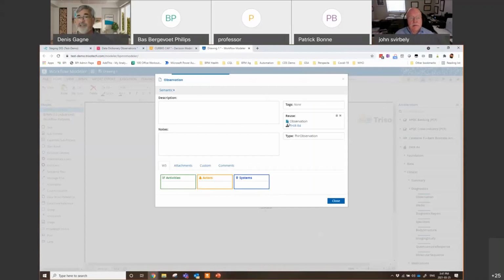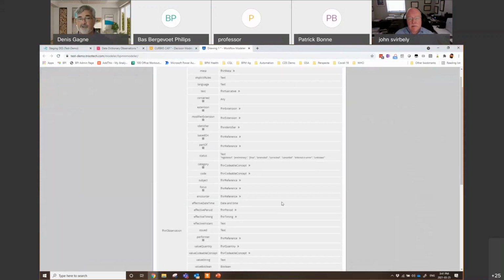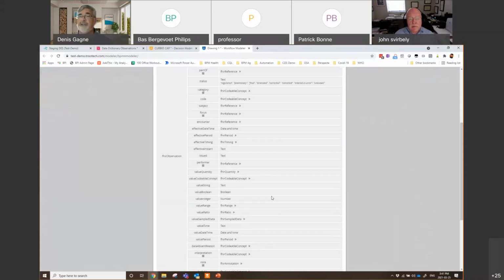So here you can see that this object is an observation. It's a FHIR R4 observation, and I have access to its structure of the type, and then I can navigate the full structure down to the elements.